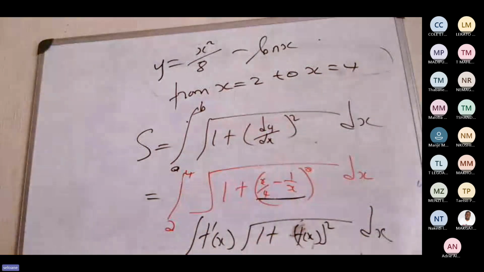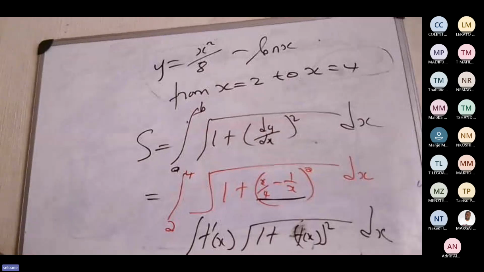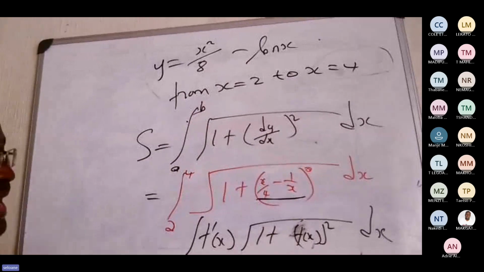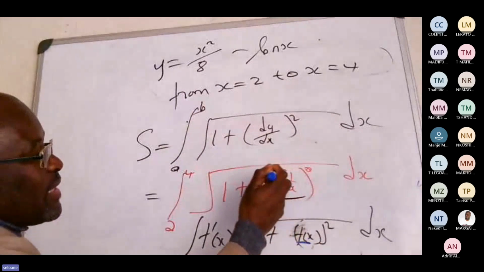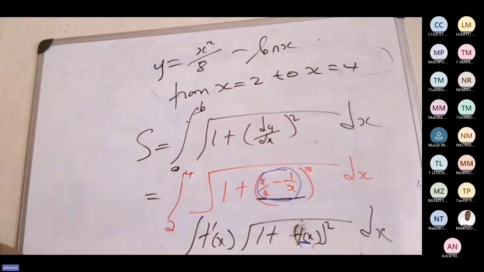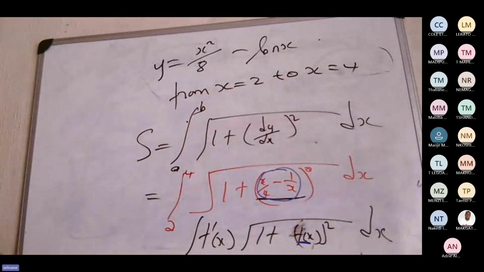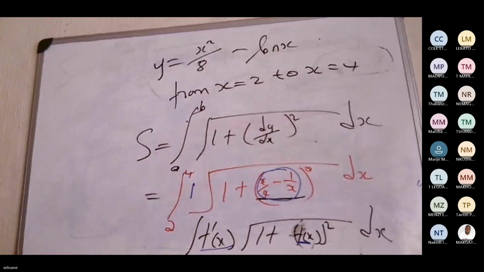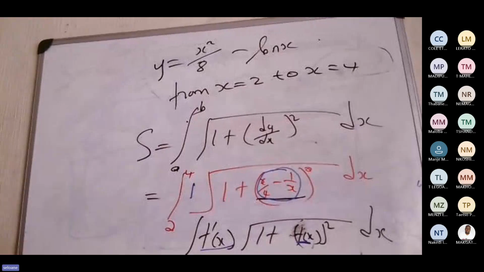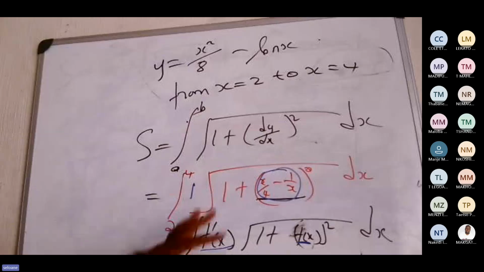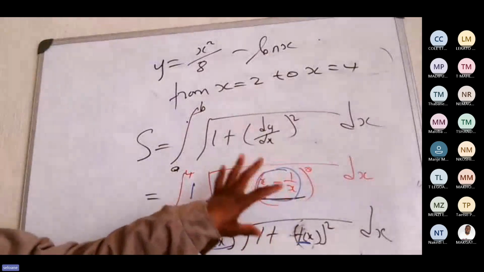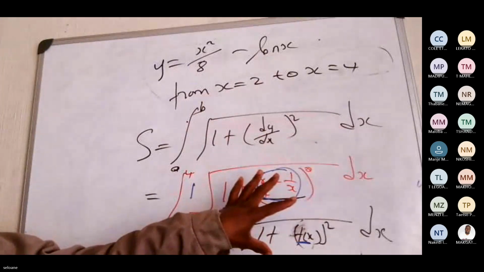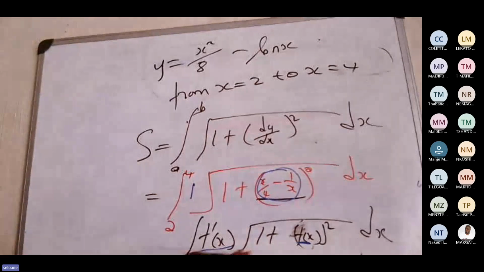If you choose everything here as it is as your F and try to differentiate it, are you going to get 1 here? The answer is no. Therefore, you need to maneuver, manipulate this. Maybe it's not even going to be this one.